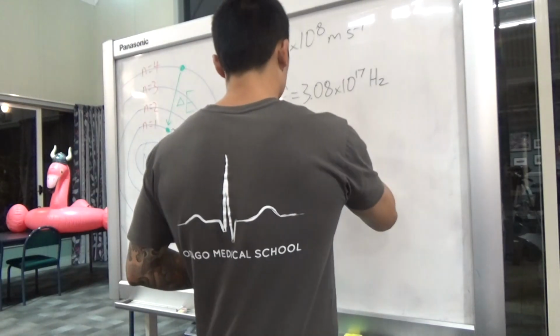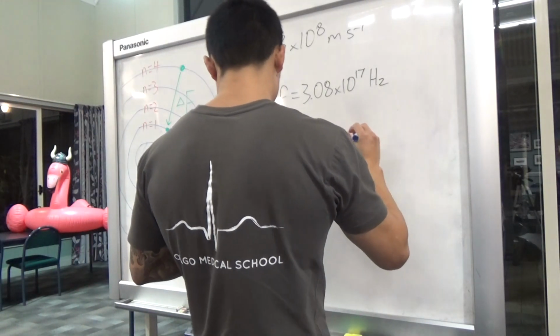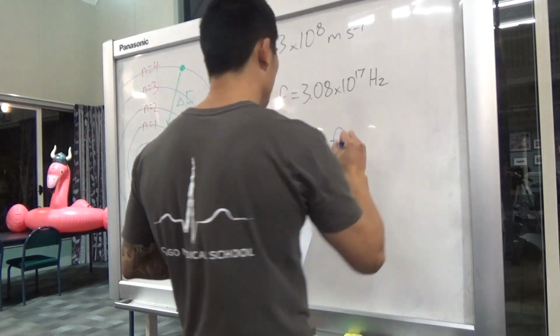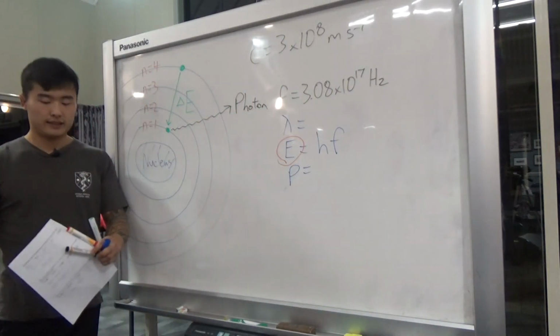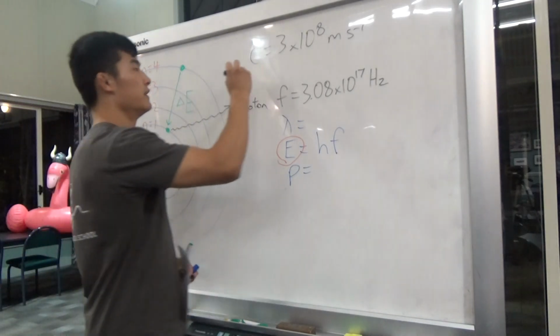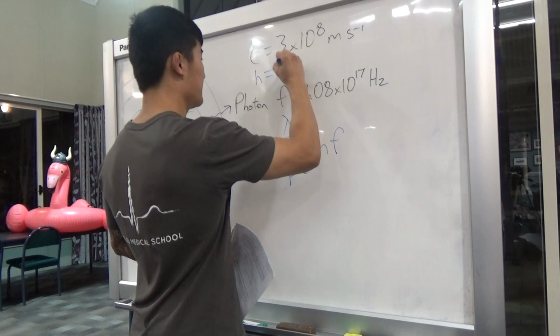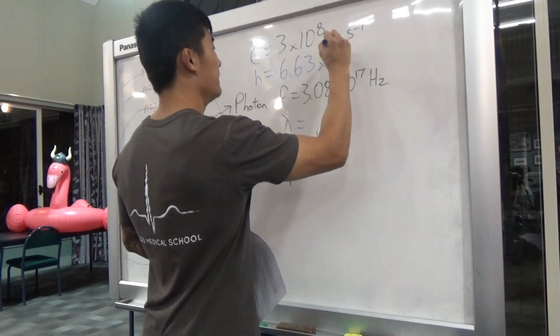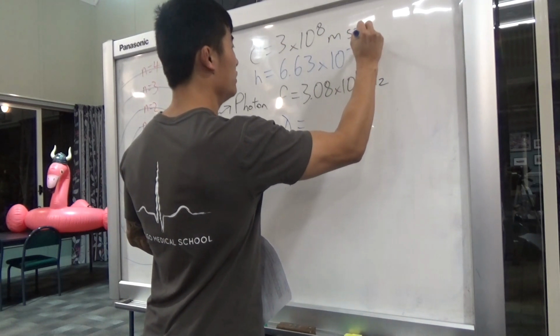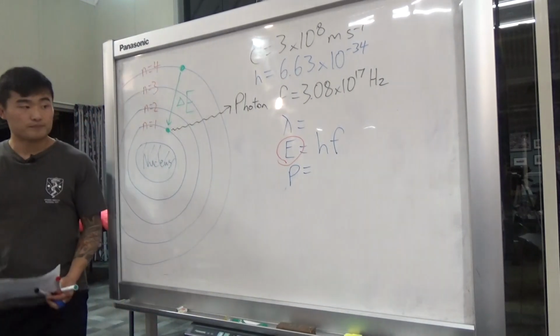So energy is equal to hf. H is Planck's constant. This is also on your formula sheet. So h is equal to 6.63 times 10 to the negative 34.